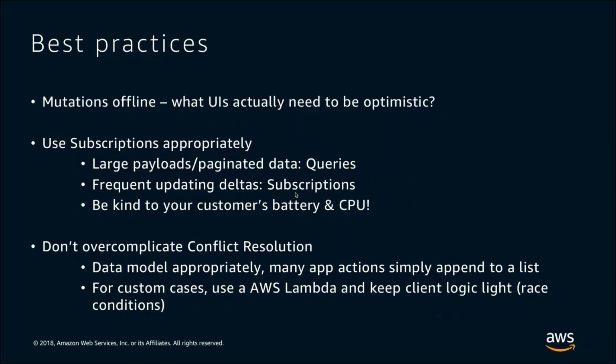And this is important so that you don't get into race conditions. So scenarios where you are handling conflicts on the client, which triggers a conflict on the server, might lead to race conditions. So you want to keep your custom logic all on one side, either on the service or on the client. And if you're having some conflict resolution on the client, keep the logic really light.